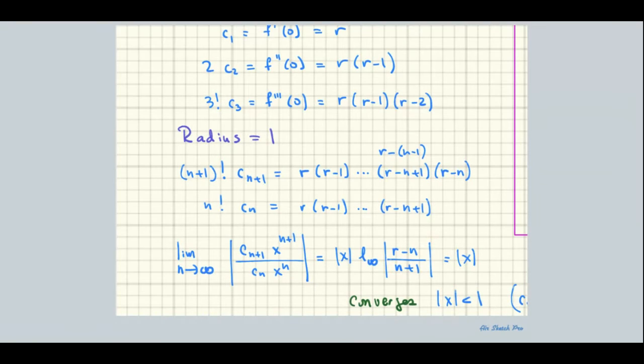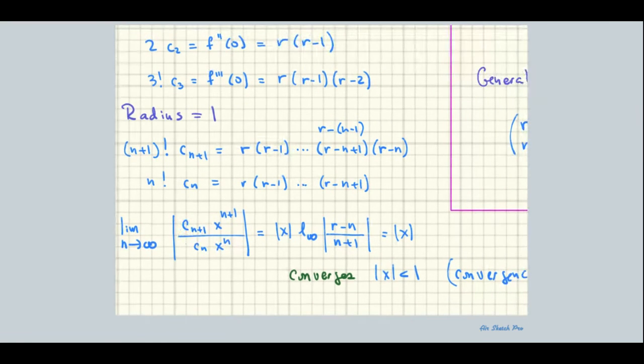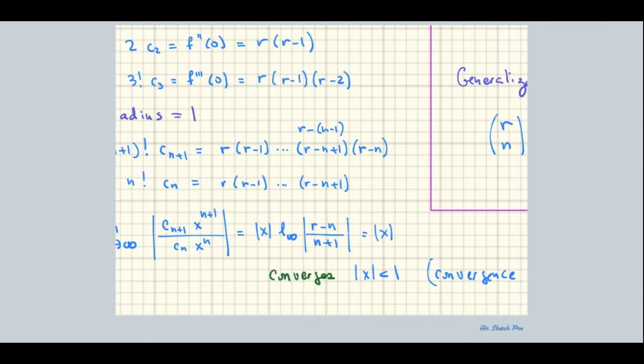This is just 1. So as n goes to infinity, the ratio of the n plus first term divided by the nth term is just the absolute value of x. And by the ratio test, that converges when the absolute value of x is less than 1. In other words, the radius is 1.